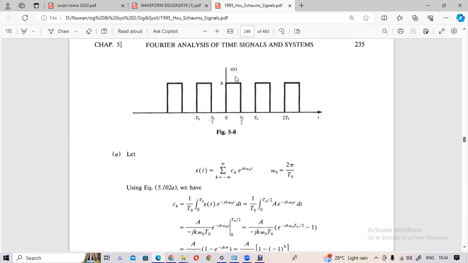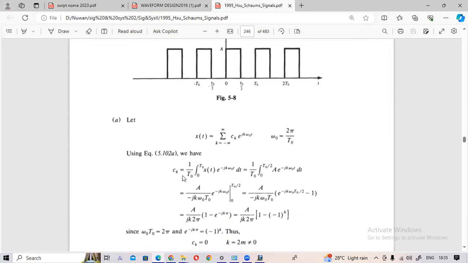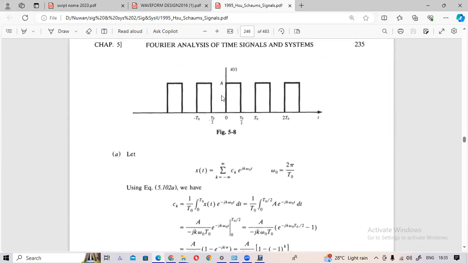So you are given an XT signal, and that XT signal can be represented as a sum of complex exponential terms according to this Fourier series representation. So CK you can evaluate using this integration. Here, T naught is the period. This is one cycle, from here to here. So your integration should be from 0 to T naught, or maybe minus T naught by 2 to plus T naught by 2. It is also within one cycle.